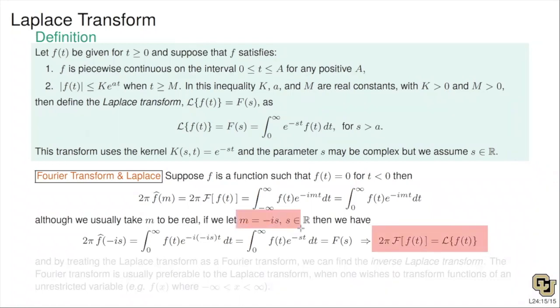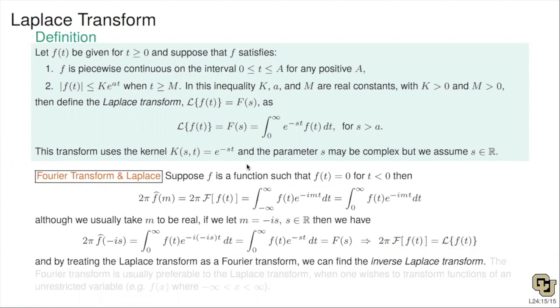This just shows you how to do that variable change that gets you from the Fourier transform version to the Laplace transform version. And actually in the theory, the way we find the inverse Laplace transform is to use the fact that we have an inverse Fourier transform.